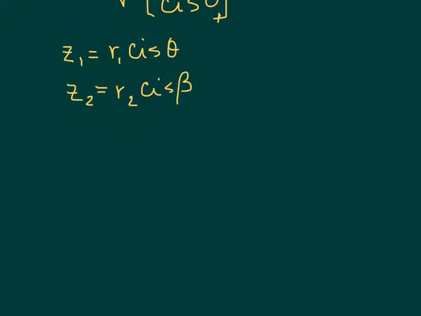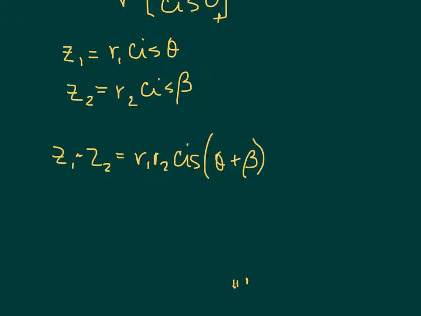And there were two things we noticed. One is that when you multiply them together, that becomes a really easy operation. That is going to be equal to r1 times r2, and we're going to do cis theta plus beta.